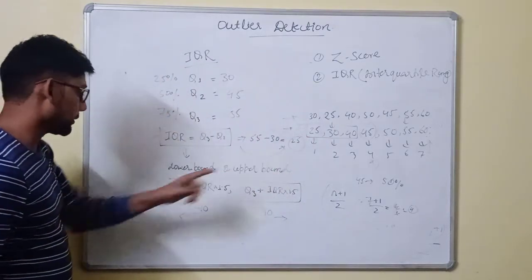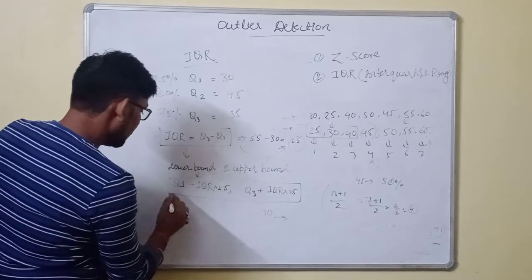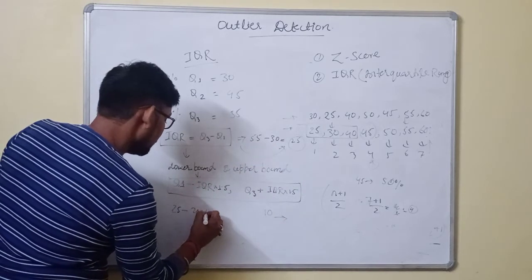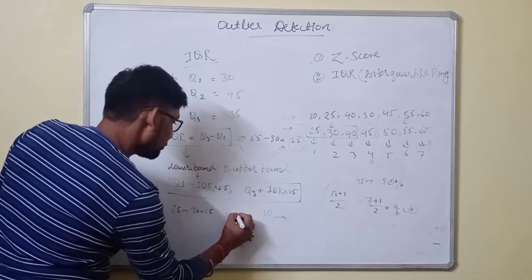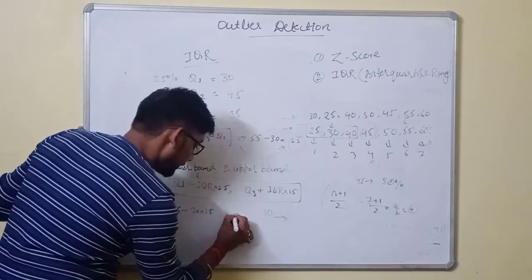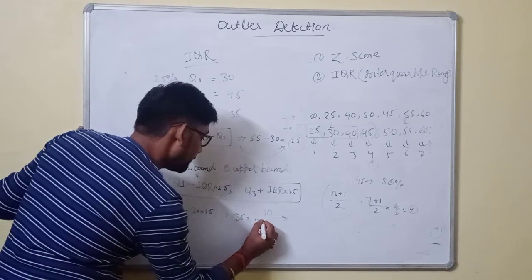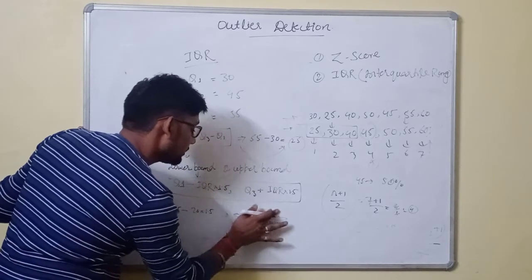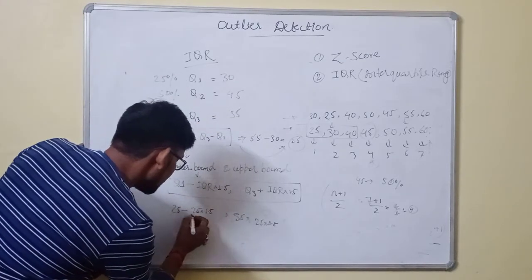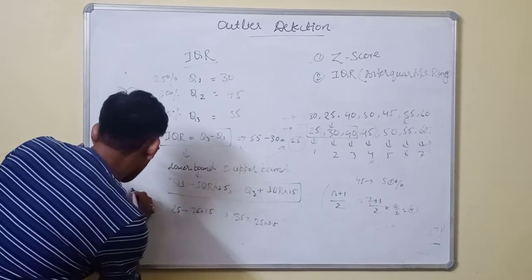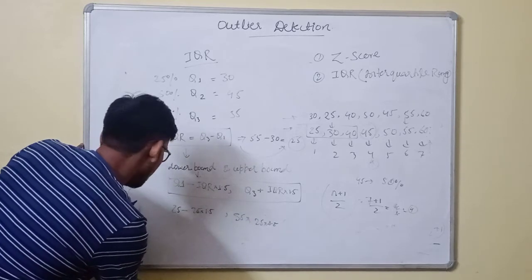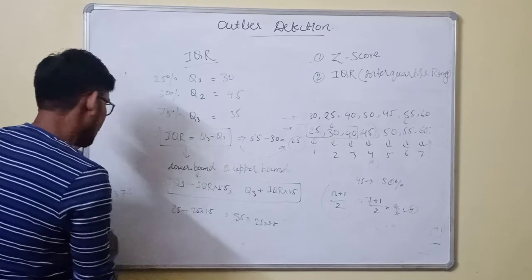Now calculate the lower and upper bound. So here the lower bound would be 25 minus IQR, that is 25 into 1.5, and the upper bound would be 55 plus 25 into 1.5, right? Again check: 37.5.